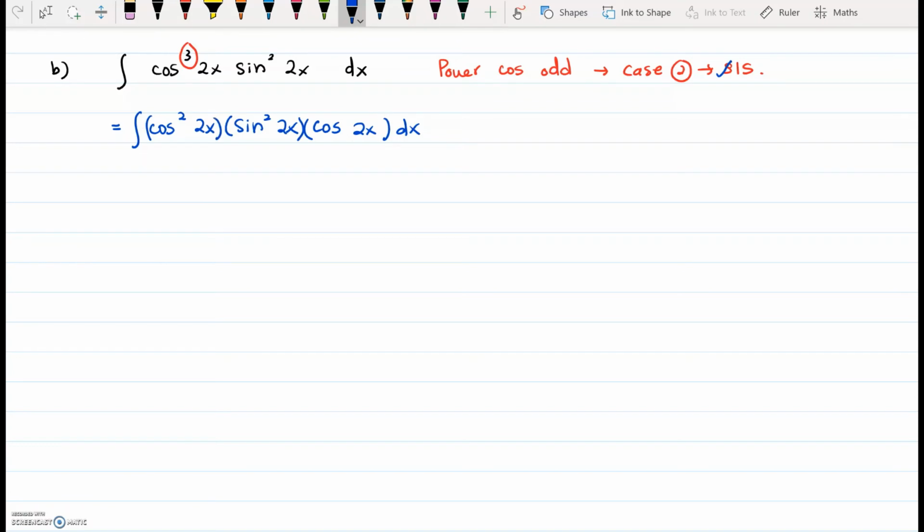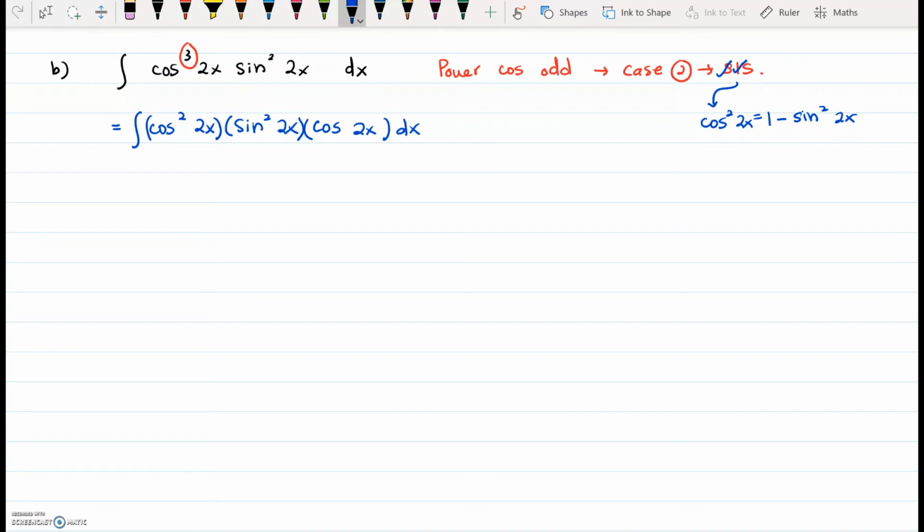Then continue. Next we will use the identity. In this case the identity that we will use is for cos square x, which we will modify into 1 minus sine square 2x. We use 2x because the angle given in the original question is 2x.